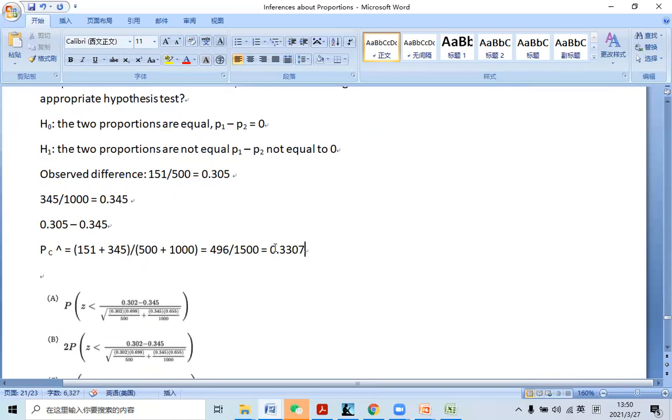Yeah, so that's the combined proportion of internet users. And then what do you do with that?